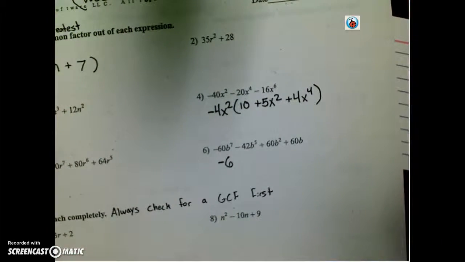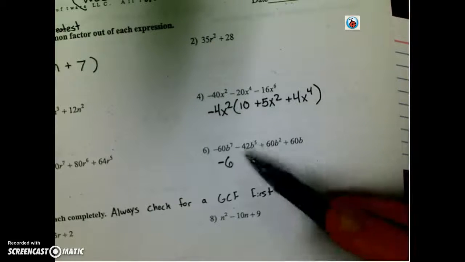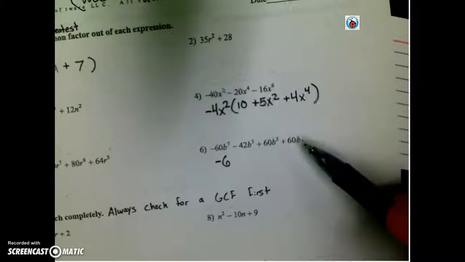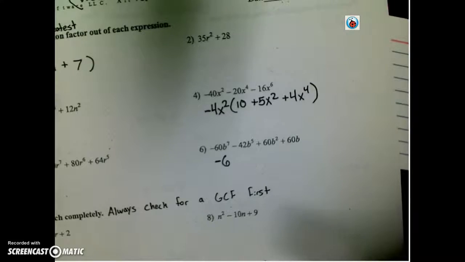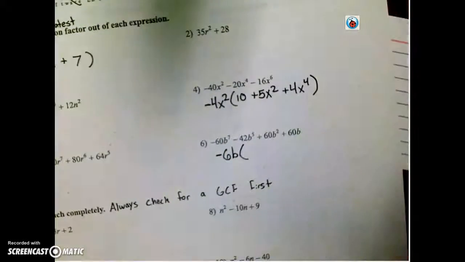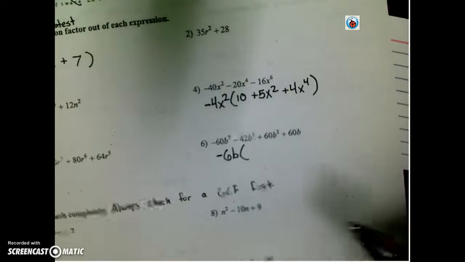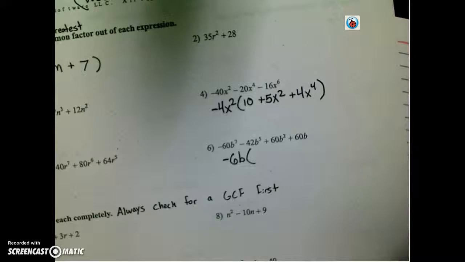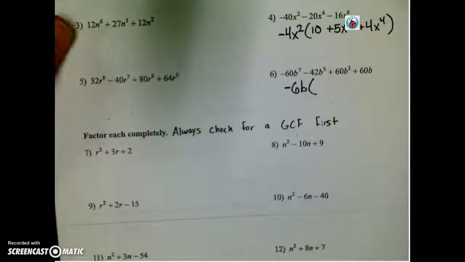And now when I'm looking at my variable b, I see 2 and 1. So the most I'm going to be able to take away from everybody is a b. So I'll leave it up to you to go through and decide what happens if I divide all of my regular numbers by negative 6, and then I remove b from all of them as well.